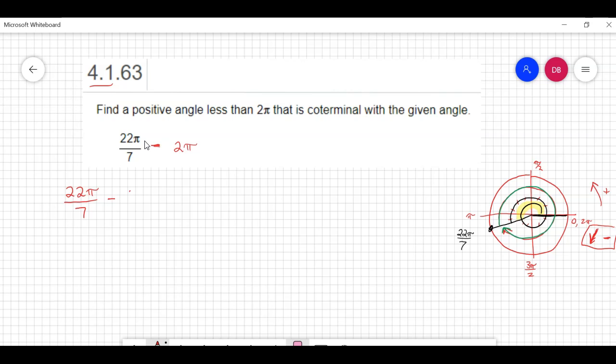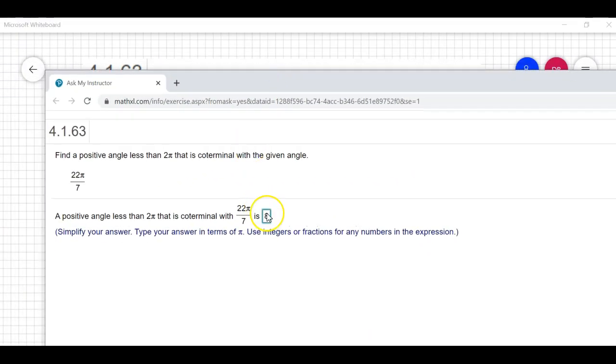What is 2 pi equivalent to if the denominator is 7? That's 14 pi over 7. I keep the common denominator and subtract numerators: 22 pi minus 14 pi is 8 pi. So my answer is 8 pi over 7.